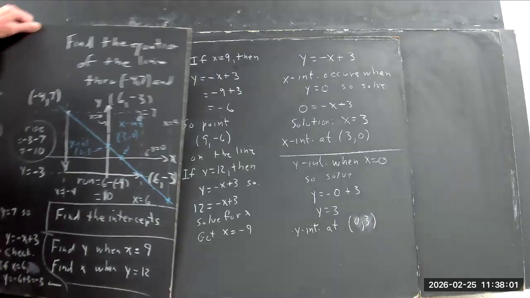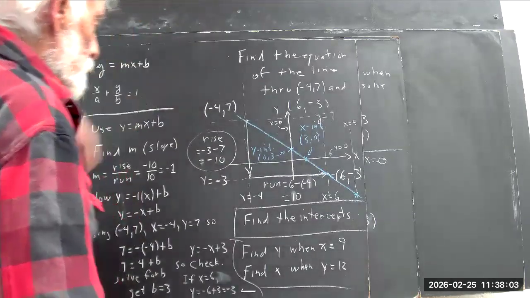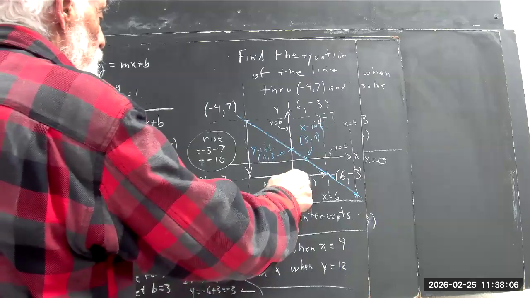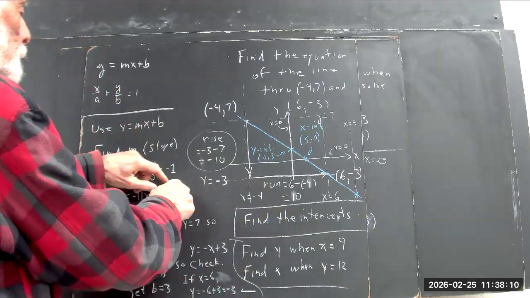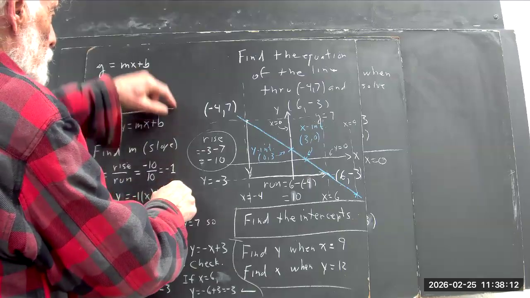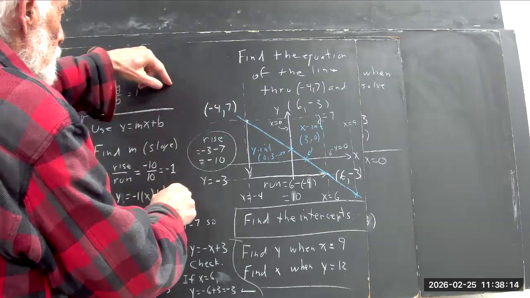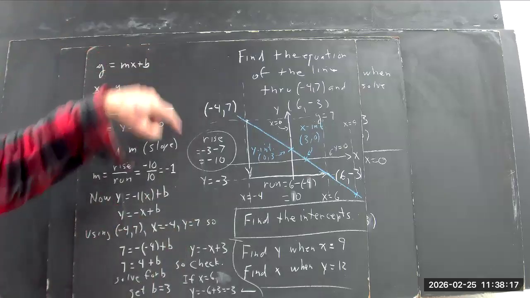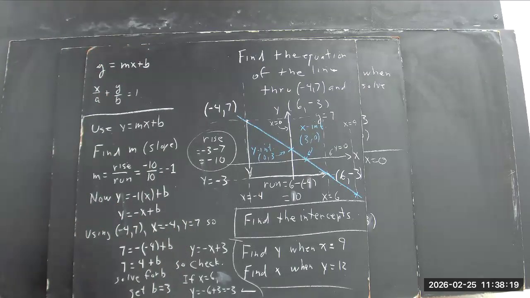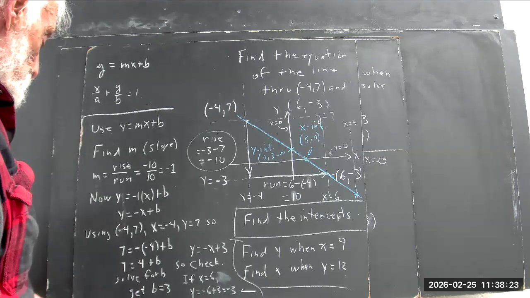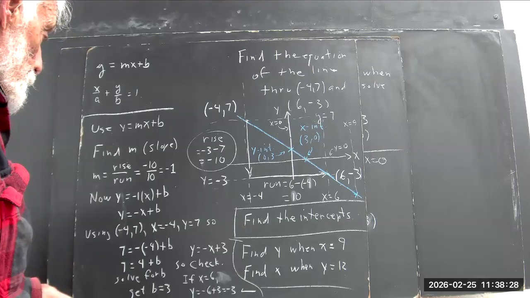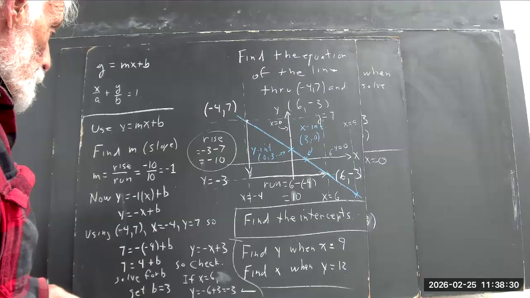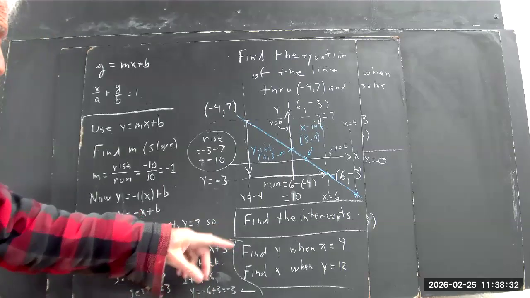On our graph, here's x equals 0. Here's x equals negative 4. Negative 9 would be over here. How high would we have to go to meet the line? 12 seems reasonable. Okay, you want to draw that in on your graph.